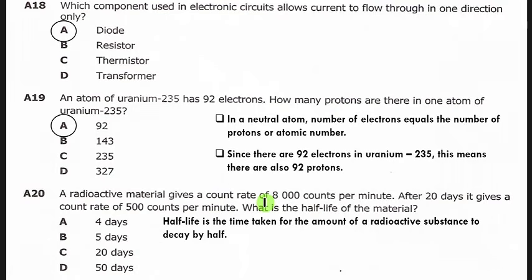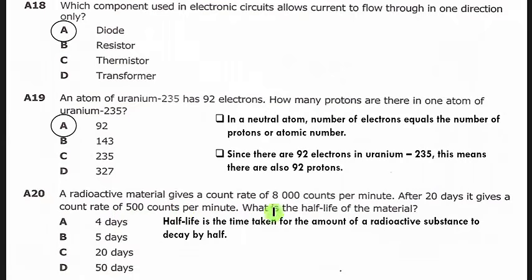Now, since this one is a radioactive substance, these count rates always decrease with time, because the substance is breaking, converting itself into another substance. Yeah, that's what actually happens. So meaning, they're saying after 20 days, it gives a count rate of 500 counts per minute.